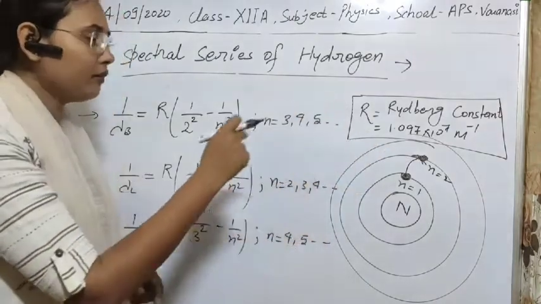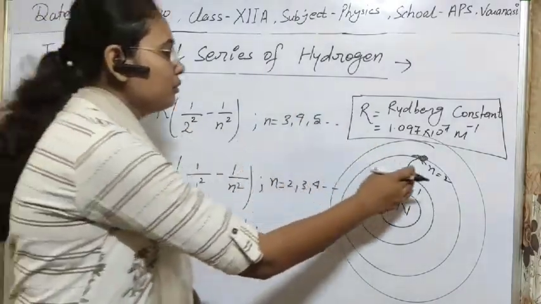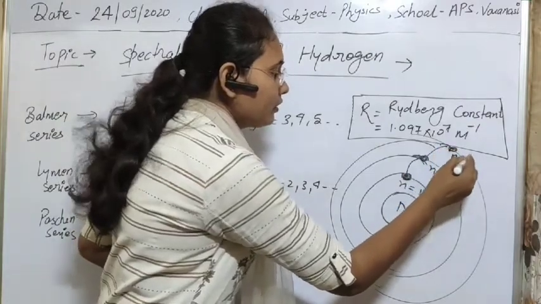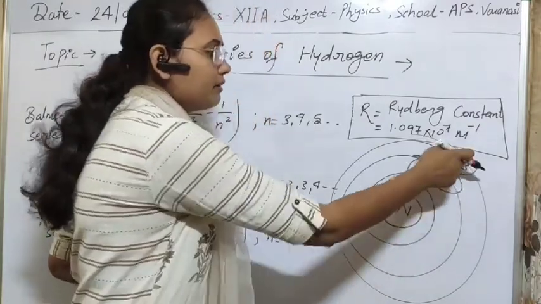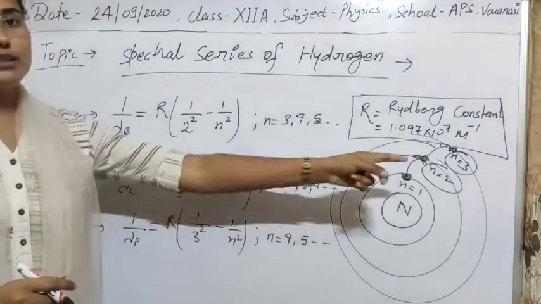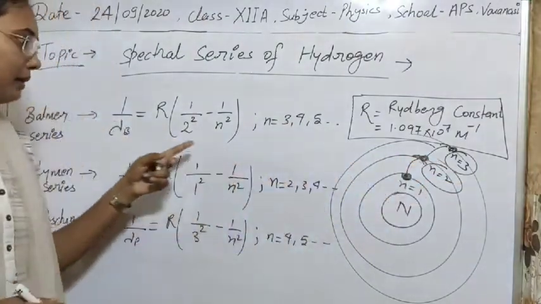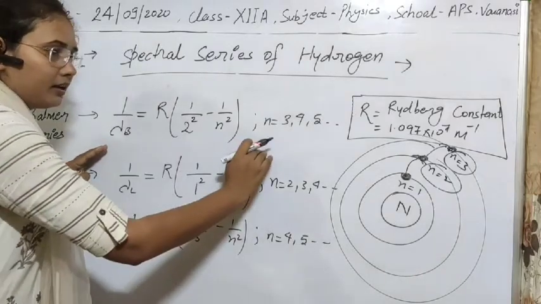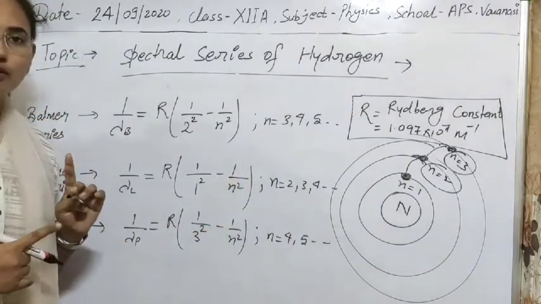He observed that for n equal to 2 to n equal to 3, the transition needs visible light. So Balmer observed that, and he gave an empirical formula.